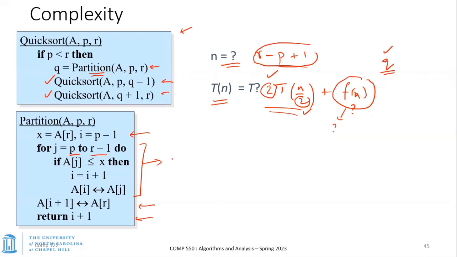Simply because it's a for loop going through all the values from P to R minus 1. So that's good, but there is still a little bit of a problem.